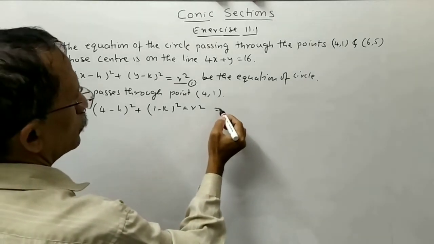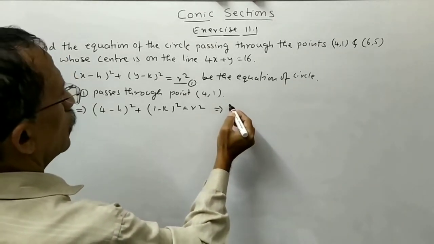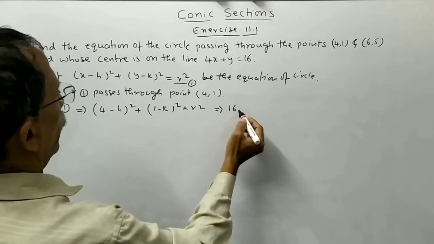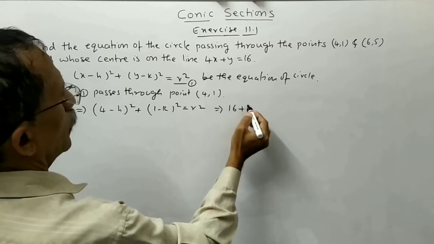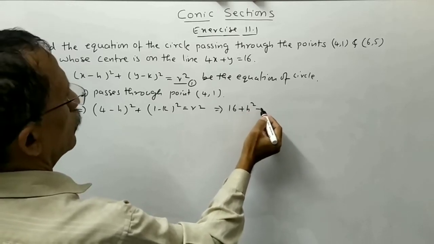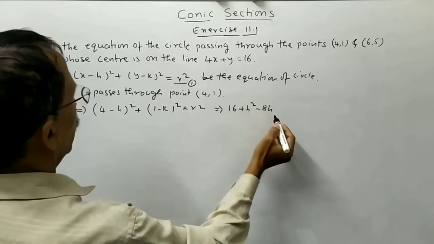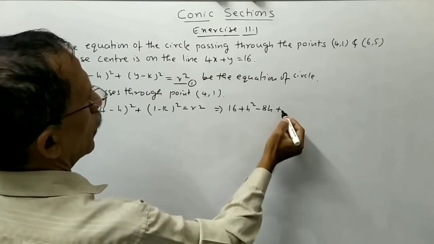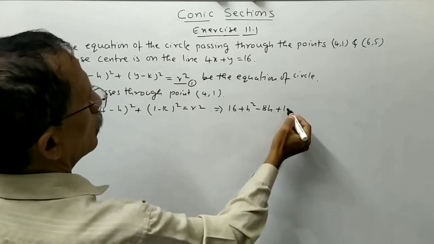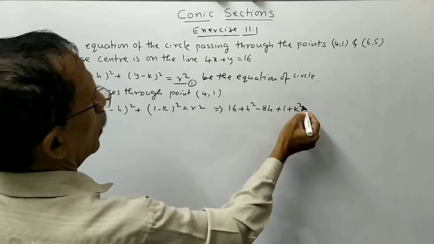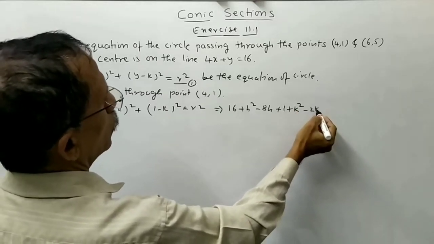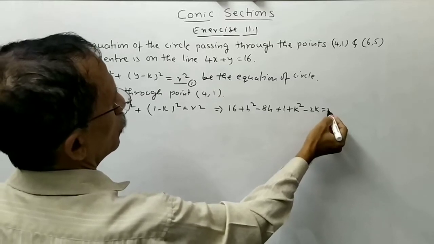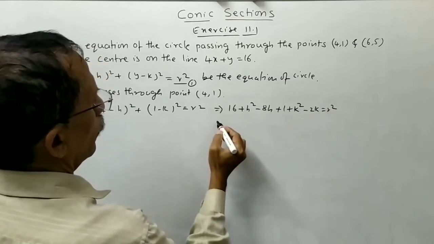This implies 16 + h² - 8h + 1 + k² - 2k = r².